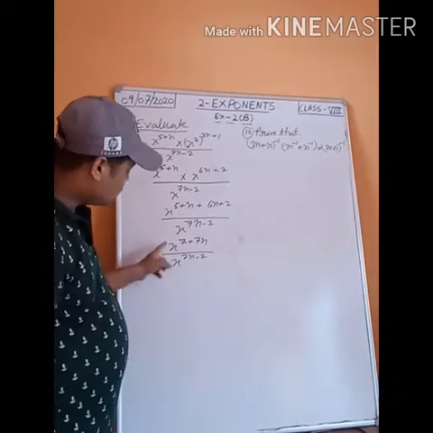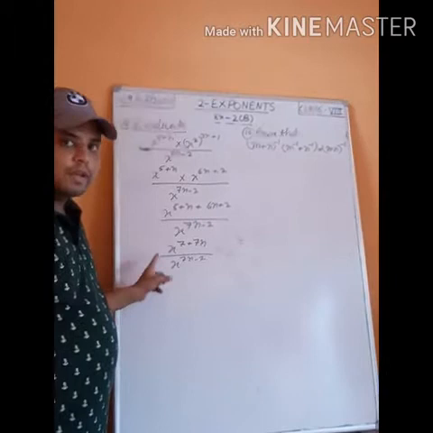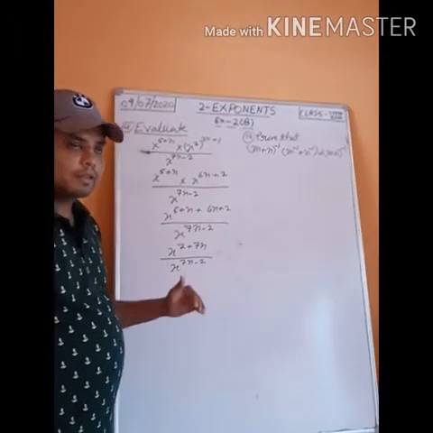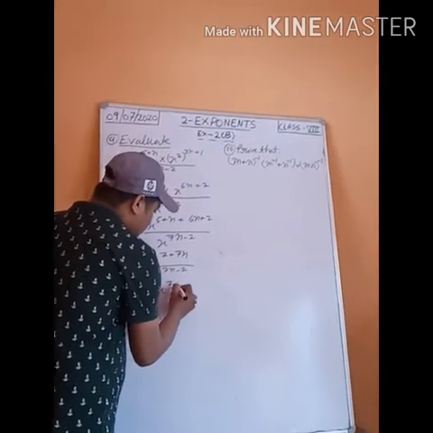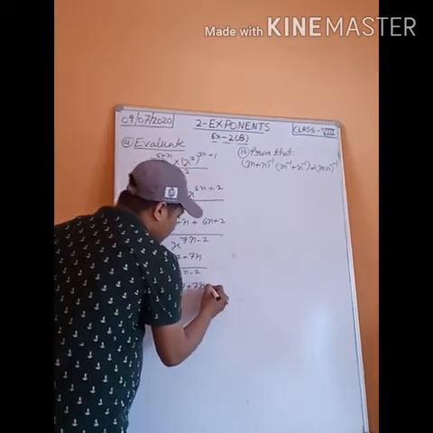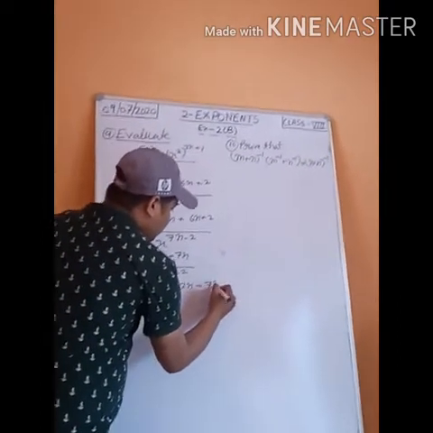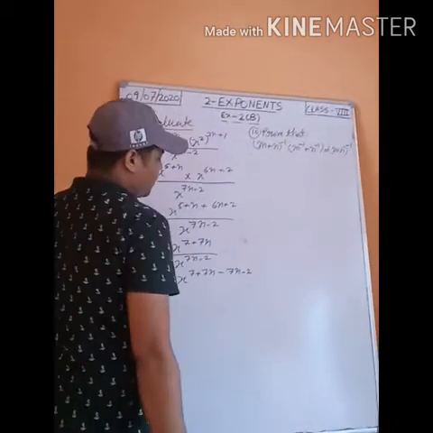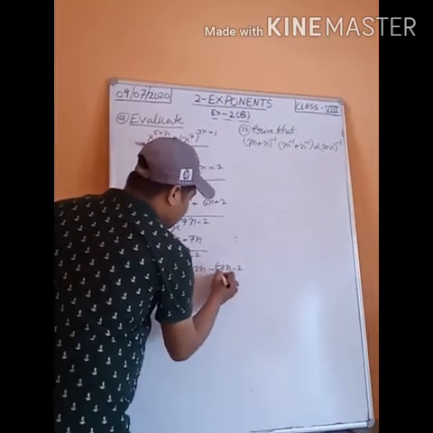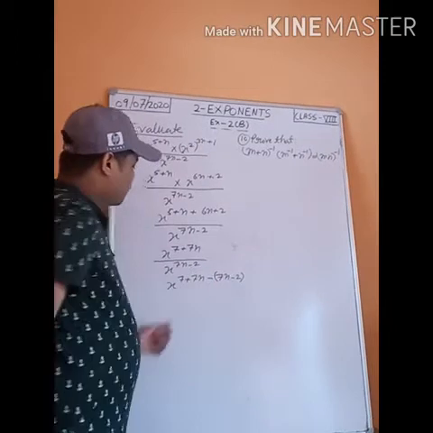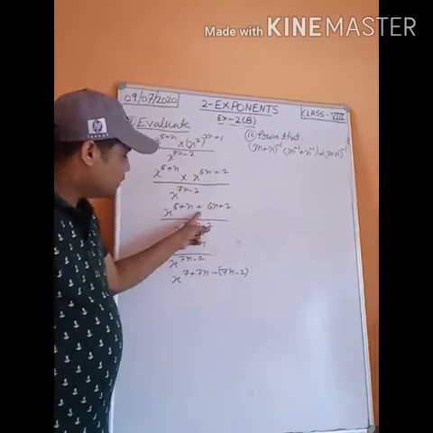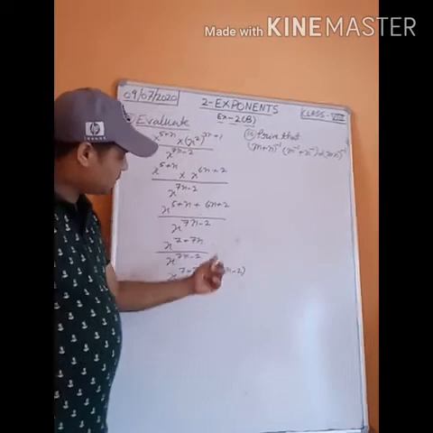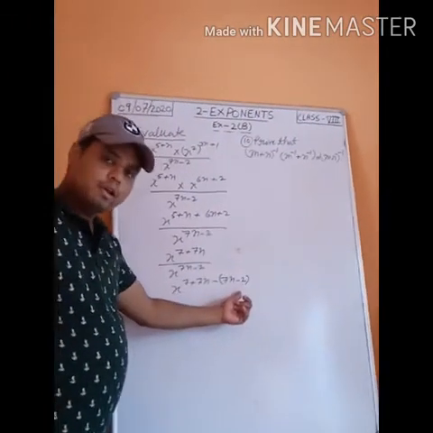Now you can see both the bases are same and they are in divide. We can subtract the powers. So x raised to the power 7 plus 7n minus this power 7n minus 2. And it is compulsory to take this inside the bracket because here is minus sign. Here was plus sign, we had not taken inside the bracket, but in minus sign we will take inside the bracket.